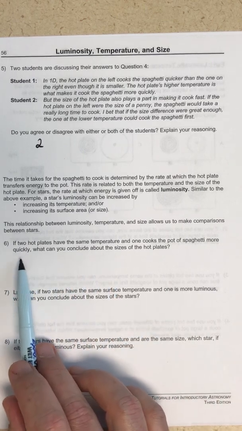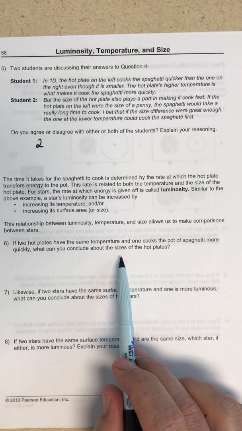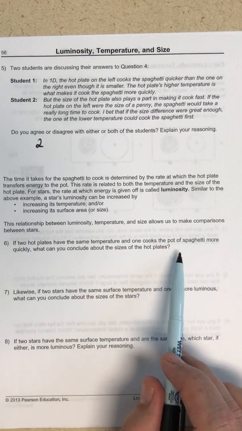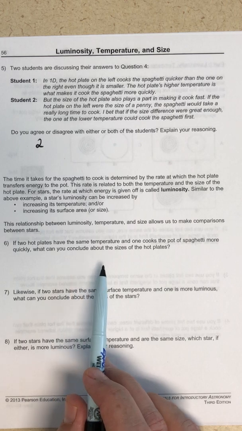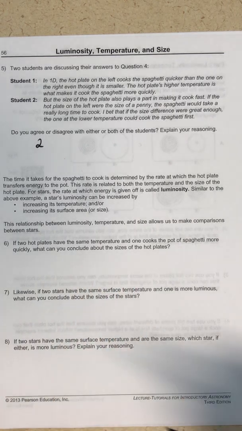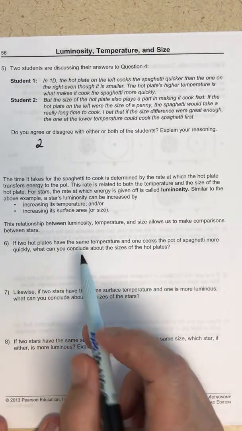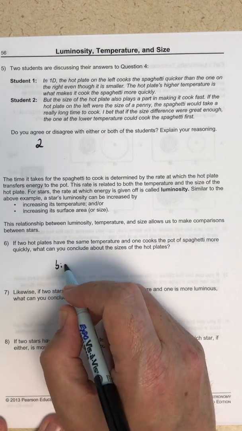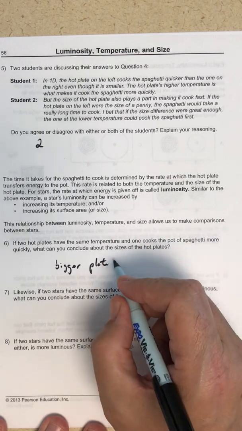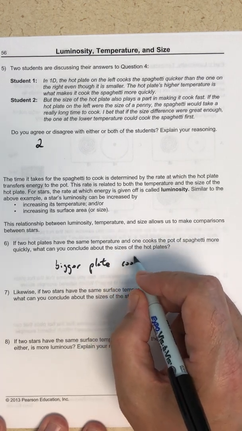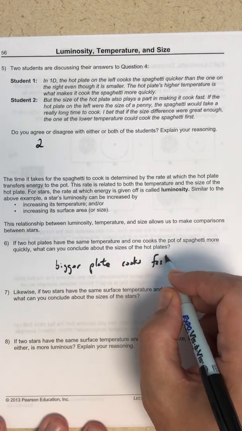Question 6. If two hot plates have the same temperature and one cooks a pot of spaghetti more quickly, what can you conclude about the sizes of the hot plates? So at a fixed temperature, the bigger plate cooks faster.